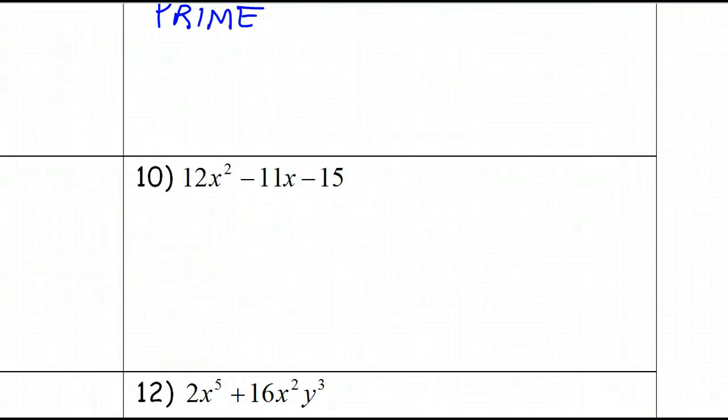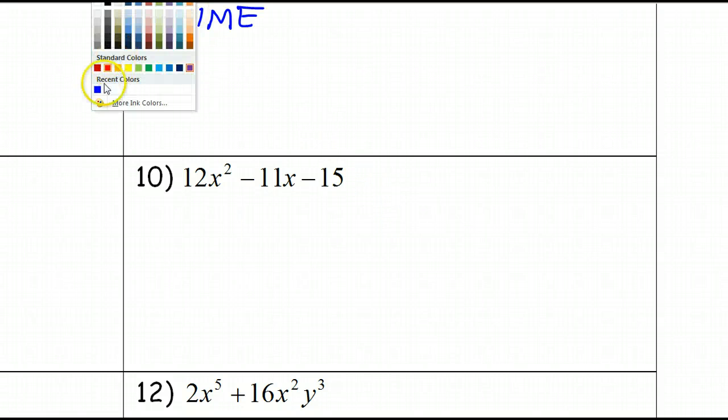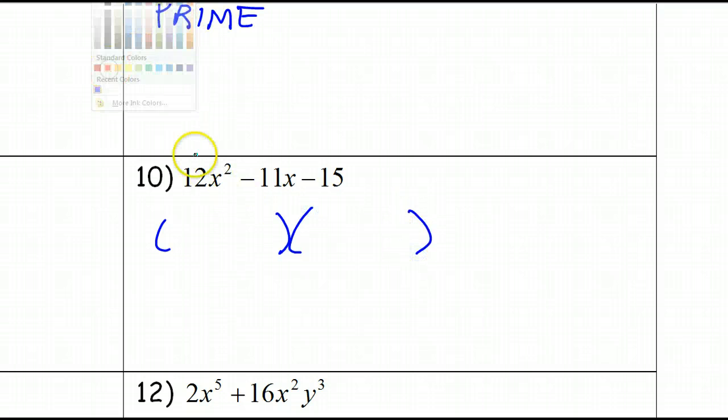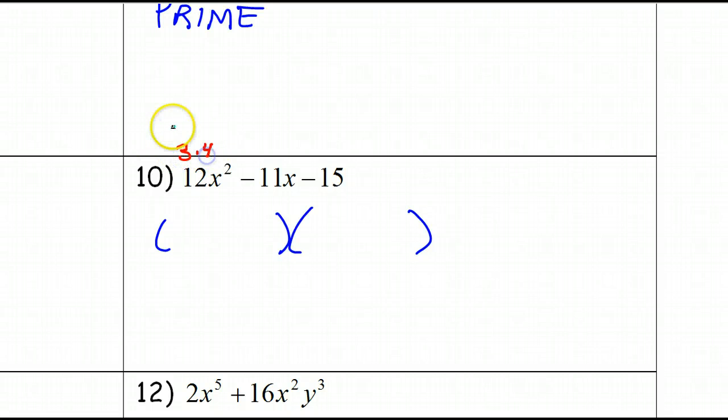Alright, number 10. GCF? No, that's prime. So I will go straight to binomial times a binomial. 12 could either be 3 times 4, or 2 times 6, or 1 times 12. 15 is either 3 times 5, or 1 times 15.